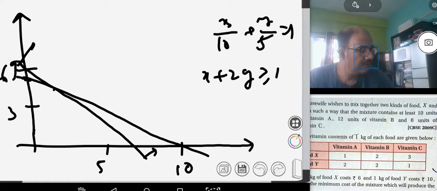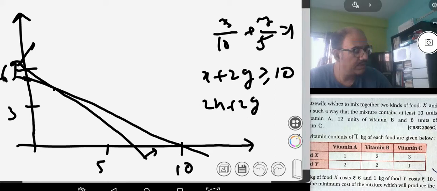So the first one was that, the second one was 2x plus 2y greater than or equal to 12. So if you simplify, it becomes x by 6 and y by 6. So that's the line. And if you put 0, 0, that will not satisfy the part. So this is away from the origin. So I'm putting the arrow like this.